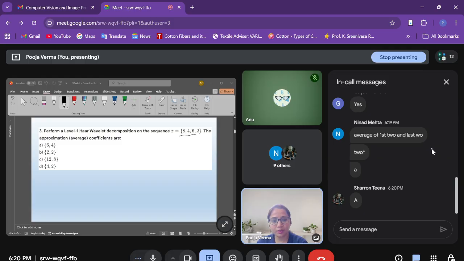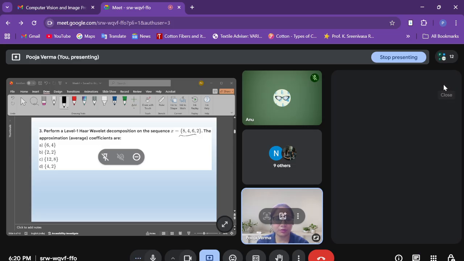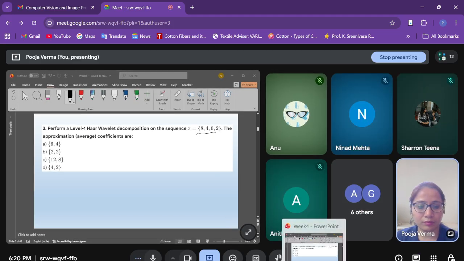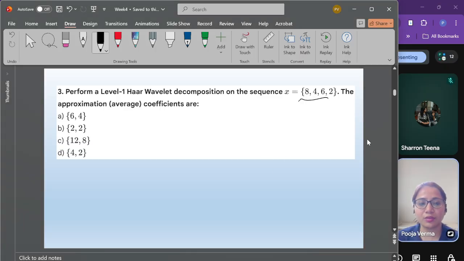Okay, so let's solve this problem. Already someone has told me to perform a level 1 Haar wavelet decomposition for the given input sequence. First, we need to divide this input sequence into adjacent pairs.